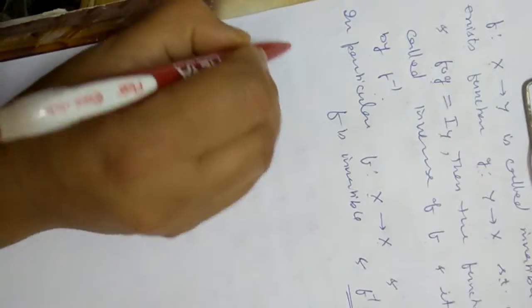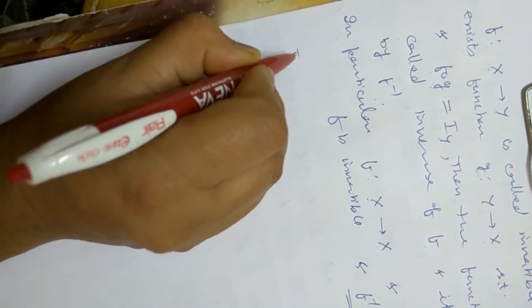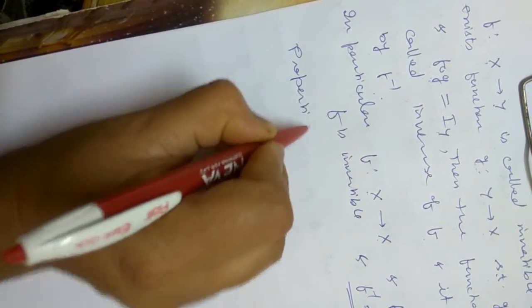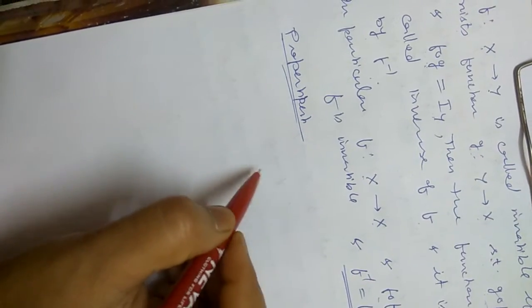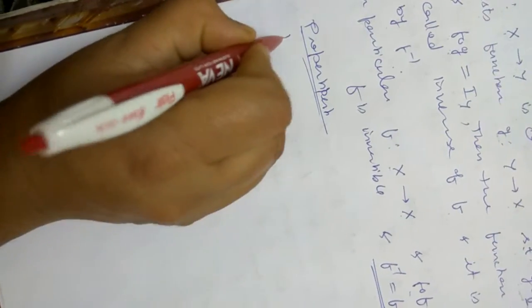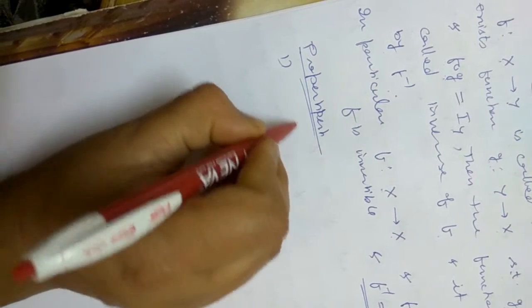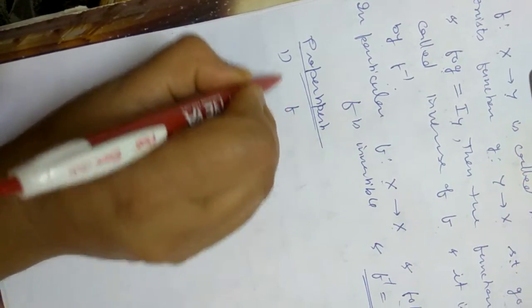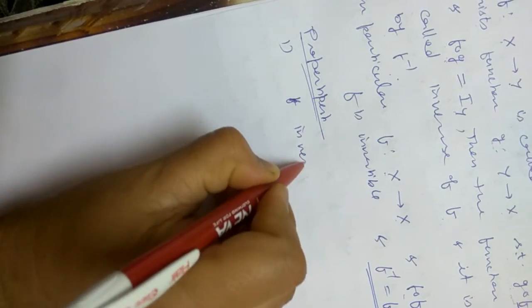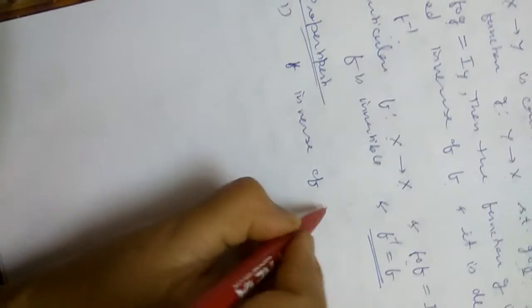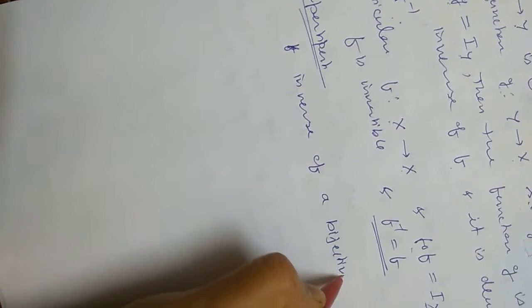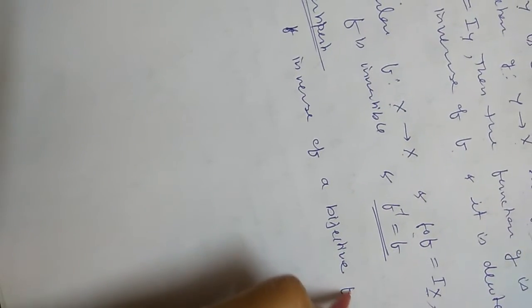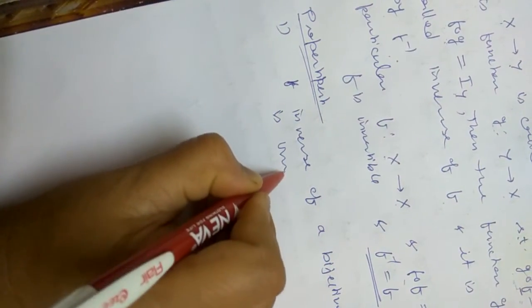Now we have some properties of invertible functions. The first property: the inverse of a bijective function, bijective meaning one-one and onto, is unique.